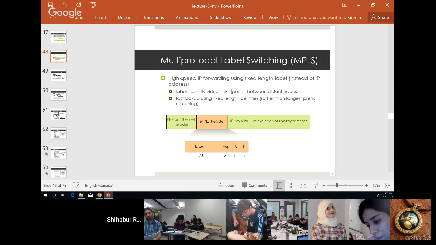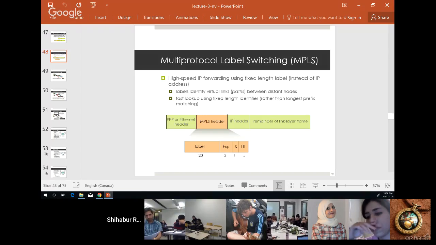You extract the destination IP address from the packet and try to locate it in your routing table. The way it works in IP networks, it's the longest prefix match. So you find the entry in the table with the longest prefix match to the destination IP address that you want to route. Once you find this entry, the routing table tells you the packet should be forwarded to outgoing port XYZ, or to an outgoing interface out of the router. This is how it works in a traditional IP network.